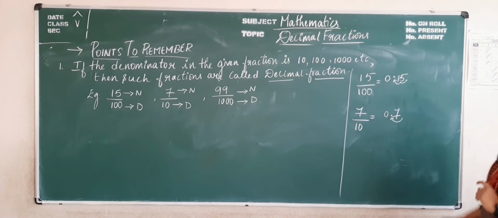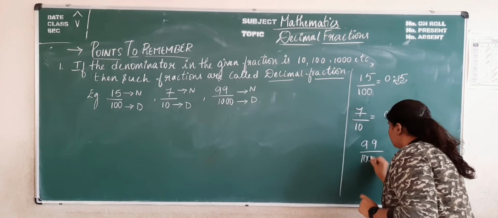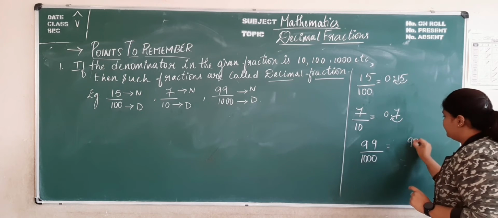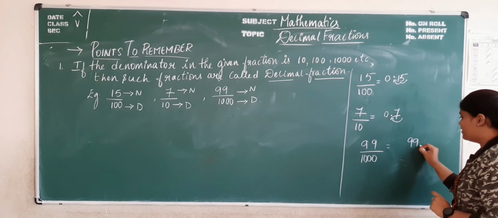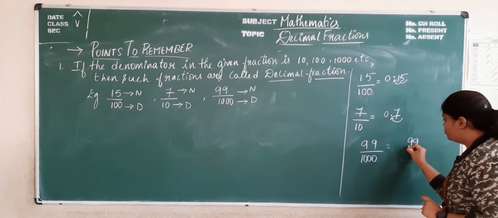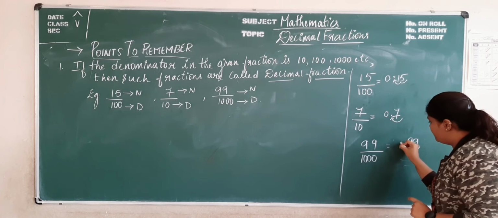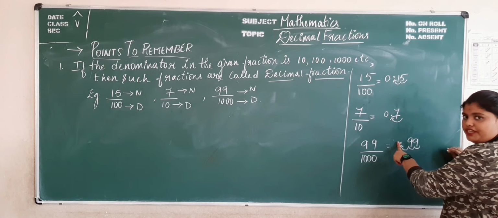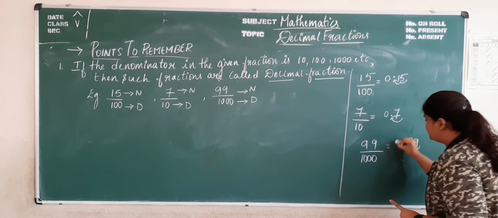Next we have 99 by 1000. Here also we apply the same way. I will write the numerator 99. How many zeros are there? 3. From here 1, 2, I don't have anything, so I take 3 here. I will write one point here. Do I have any number here? No. Do I have any number here? No. What do I write? I write 0, 0.